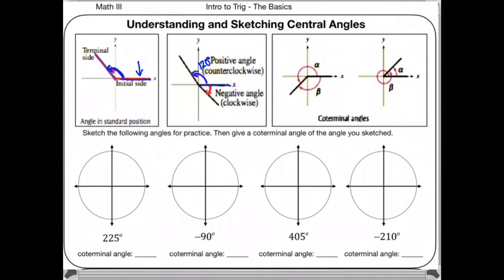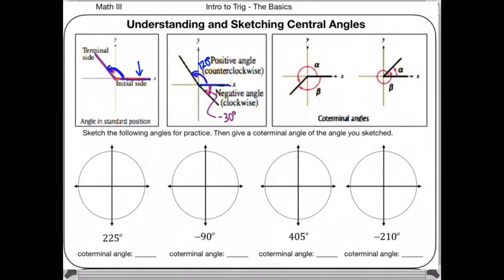But if I had a negative, this angle right here might be a negative 30 degrees. It would go in this direction. So that's kind of new for us in that it could go in a positive or negative direction. We haven't had negative angles before, so that's a new concept, and we're going to explore that in the future here.